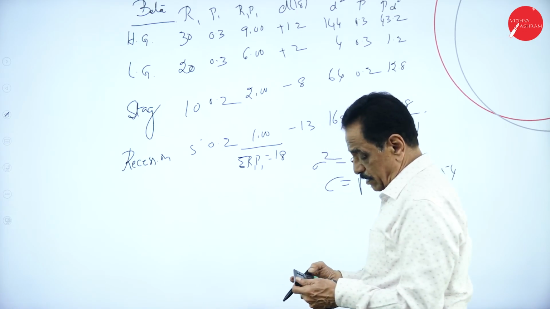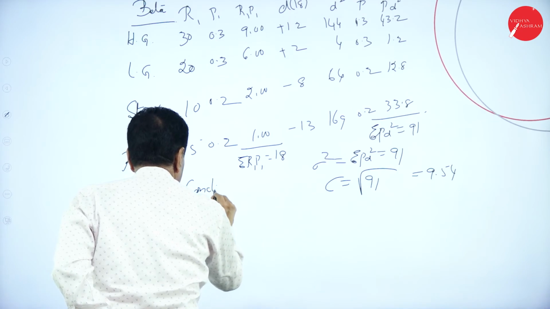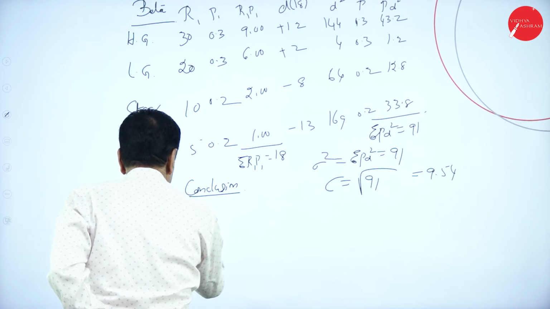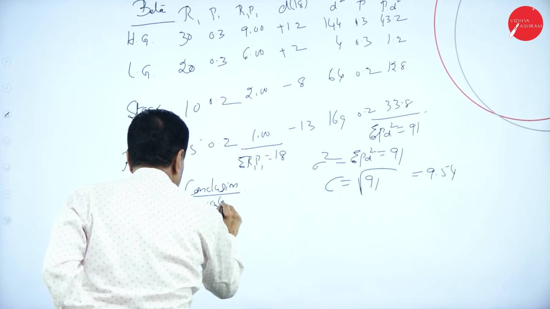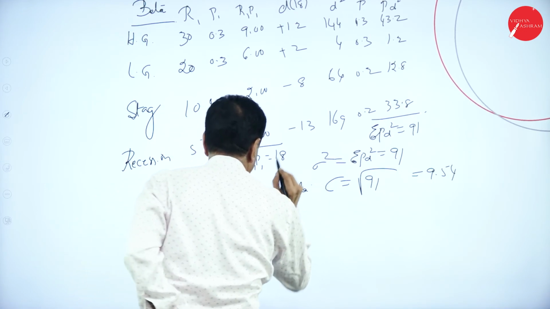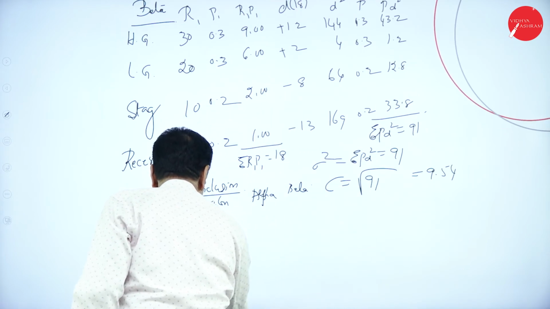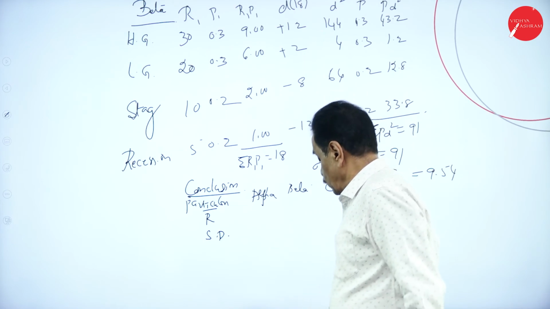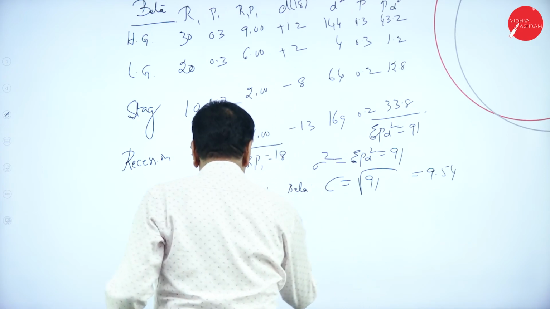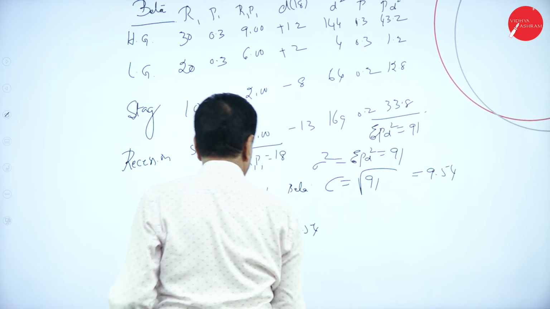Conclusion. Particulars: alpha, beta, mean, standard deviation. For beta, it is 18, standard deviation is 9.54.